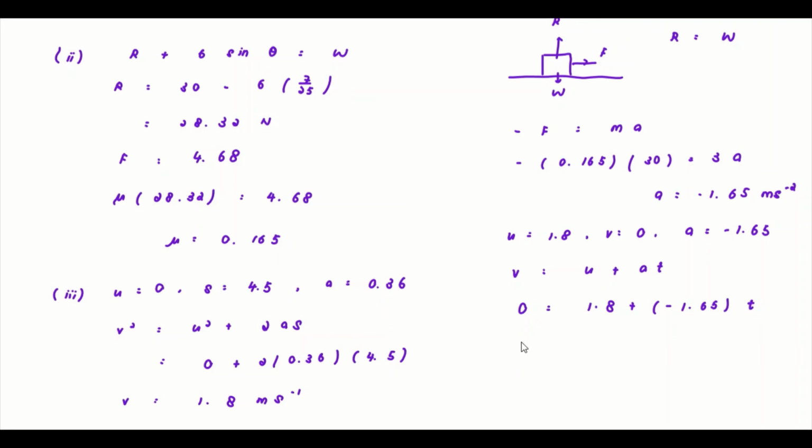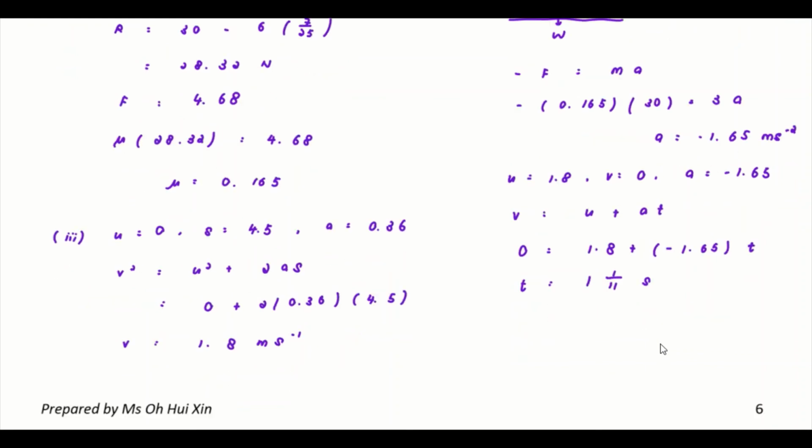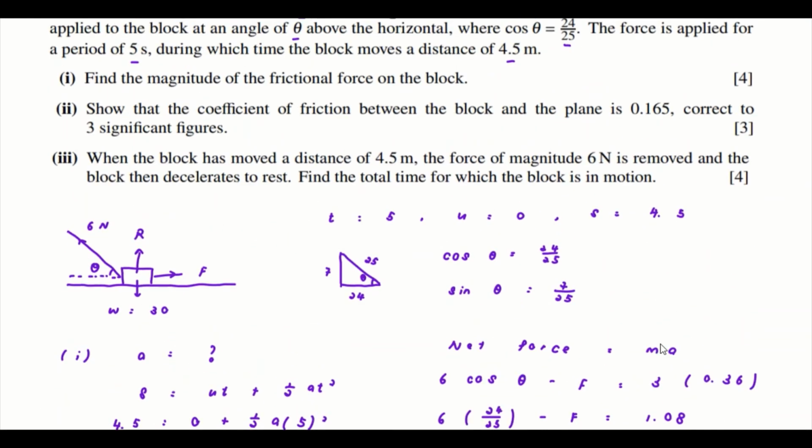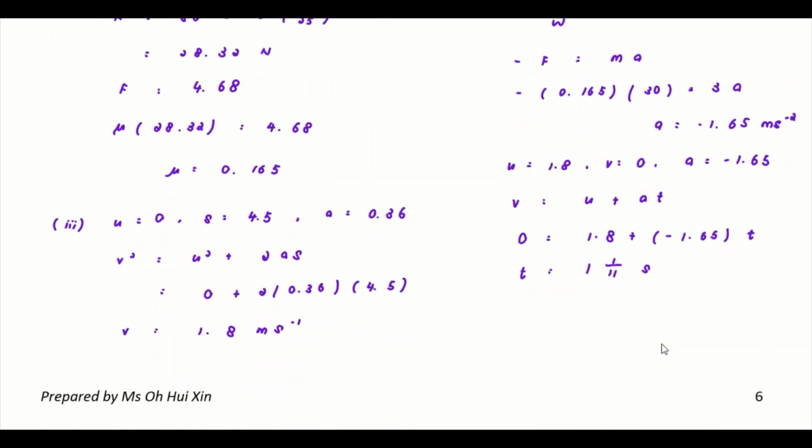Okay, so by solving this, then we can get t is equal to 1 over 11 s. So for the first stage, we know that the force is applied for 5 seconds, right? So that's why the total will be equal to 5 plus 1 over 11. So you can get your answer 6.09 seconds in 3SF.